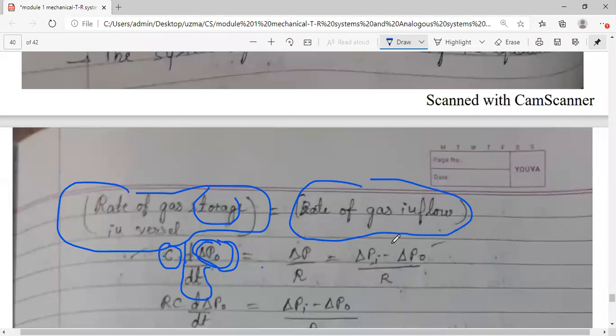That is C times d by dt of delta P naught, equal to how much you are supplying minus the resistance.